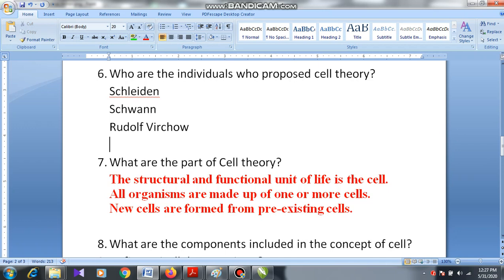The third one: new cells are formed from pre-existing cells. Now think this way, our hair is growing. When the hair is growing, new cells are made. From whom? From the existing cells.